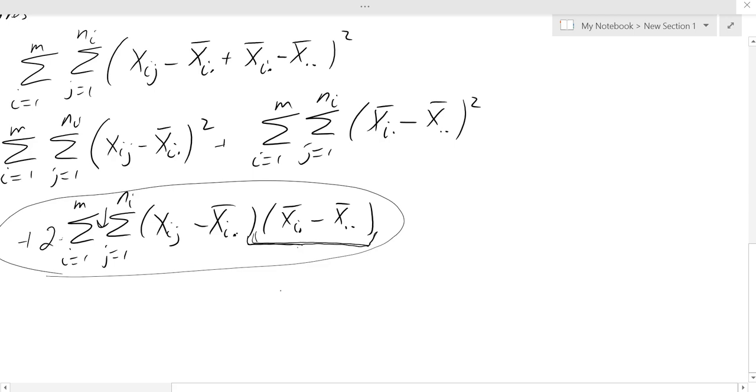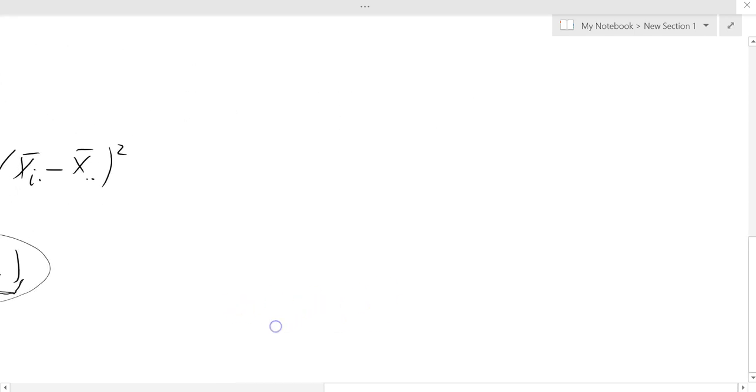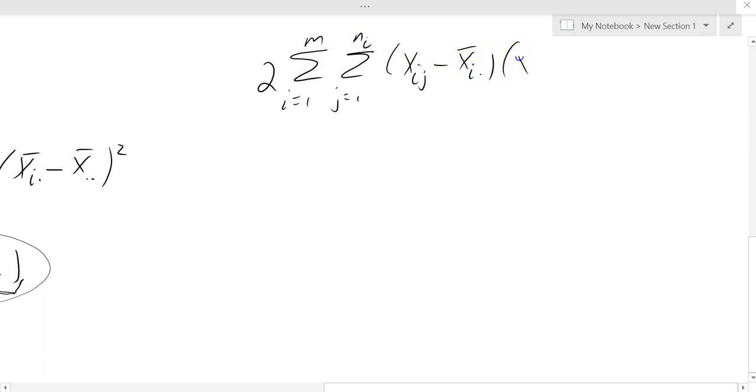So I've got 2 times the sum i equals 1 to m, j equals 1 to n sub i, (x sub ij minus x bar i dot)(x bar i dot minus x bar double dot). I'm going to pull that second term out in front.